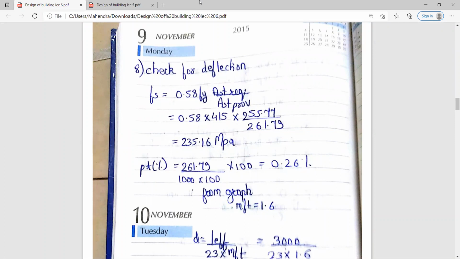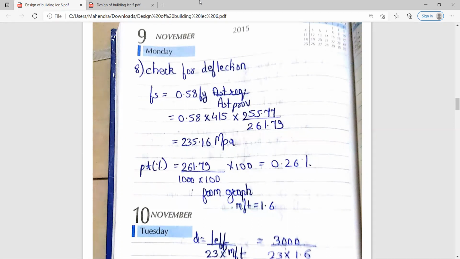AST required was 255.77 and AST provided, from the earlier step, is 261.79. Substituting all the values in this formula, you can calculate Fs. So Fs comes to 235.16 megapascal. Again from the same IS code, page number 38, you need to calculate MFT.